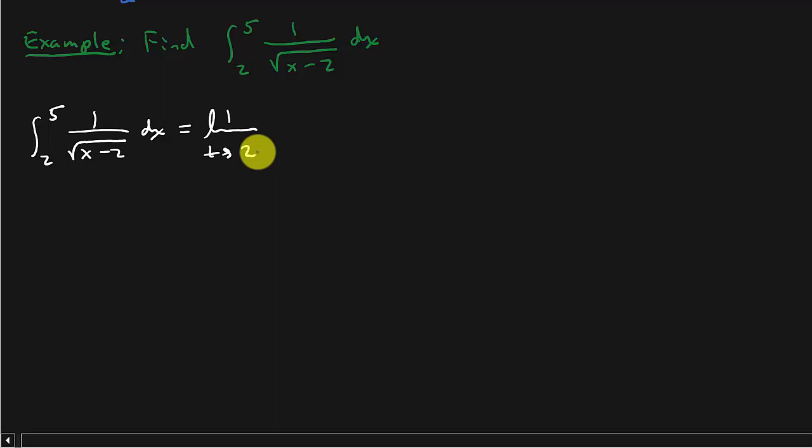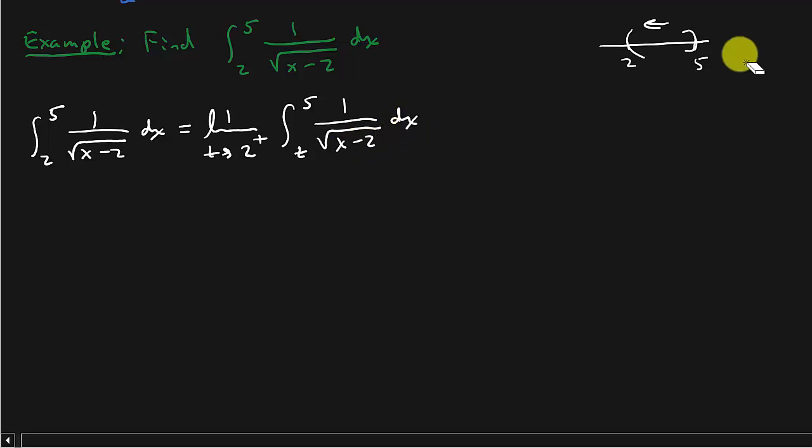Now from what side, the right or the left? Well, remember what I showed you. 2 to 5. It's discontinuous at 2 because that would give us 0 in the denominator. And you can see we got to come in from the right. And that's the integral from t to 5 of 1 over square root of x minus 2 dx.